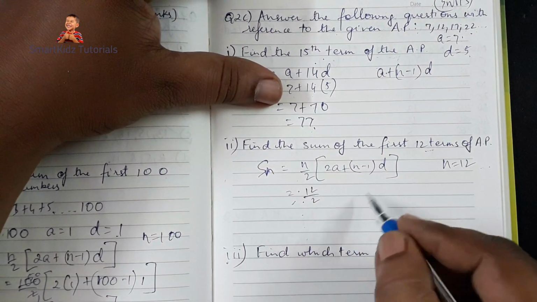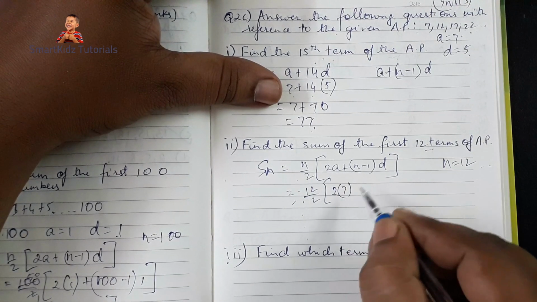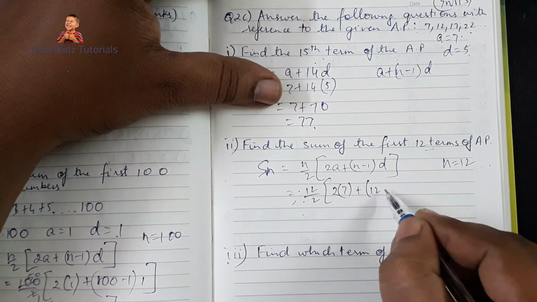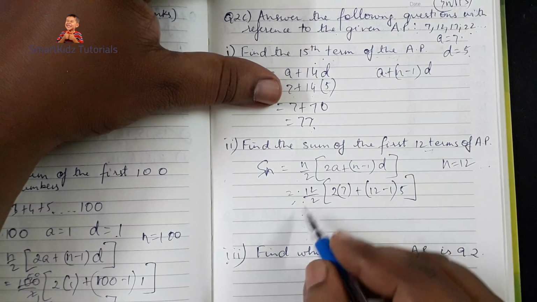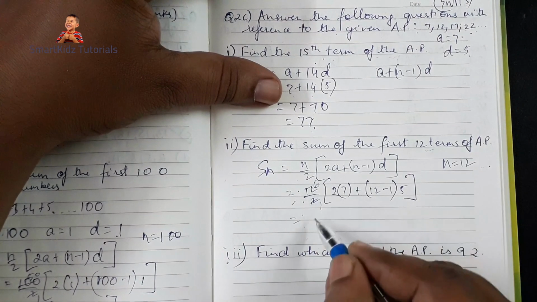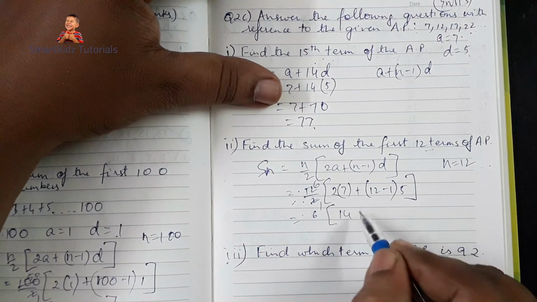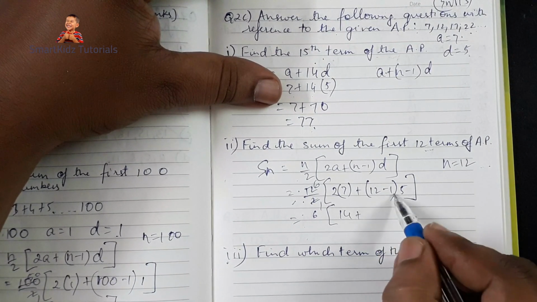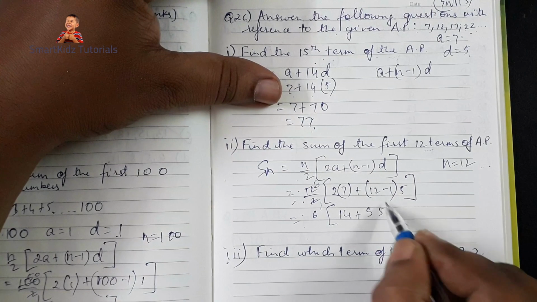12 upon 2 in brackets 2 into a, which is 7, plus n, which is 12 minus 1, and d is 5. So 2 ones are 2, 2 sixes are 12, 6 in brackets 2 into 7 is 14, plus 12 minus 1 is 11. 11 into 5 is 55.